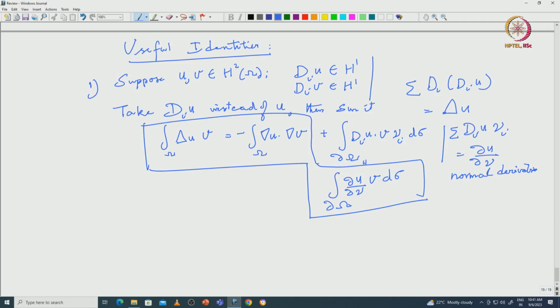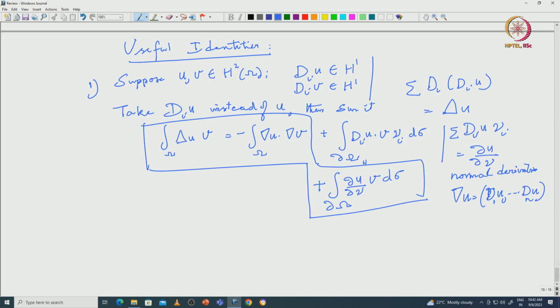So you have that formula plus the integral of gradient of u dot gradient of v. And this gradient of u, you already know it: d1 of u, and so on, up to dn of u.